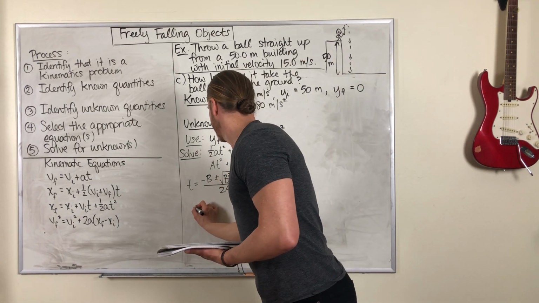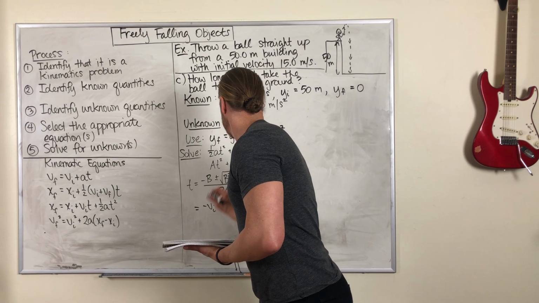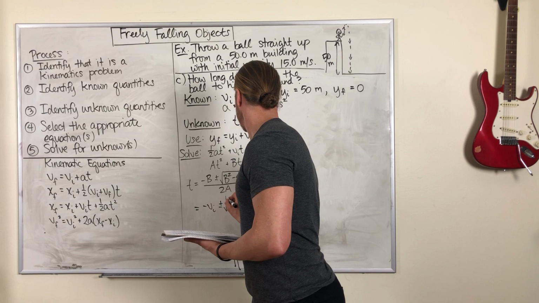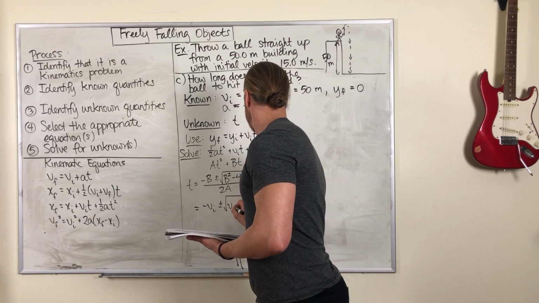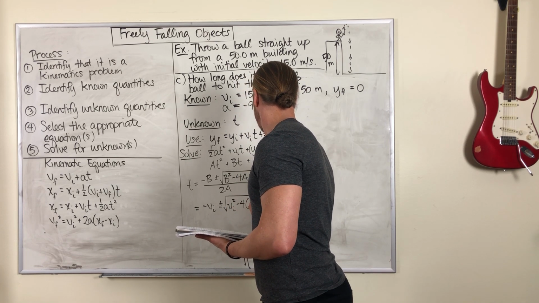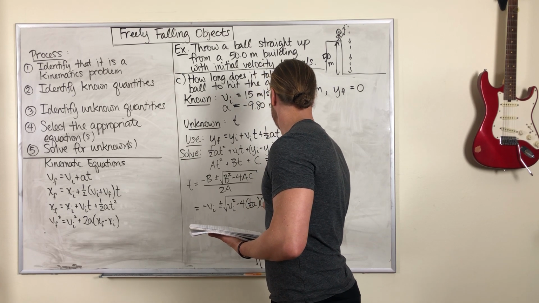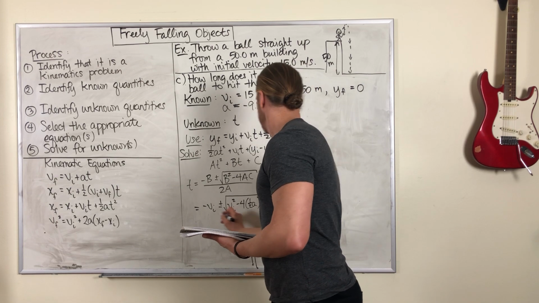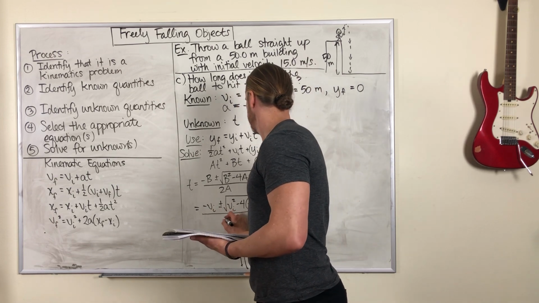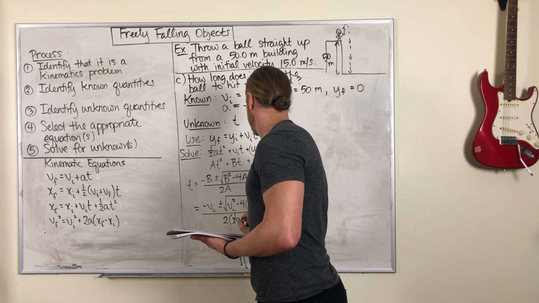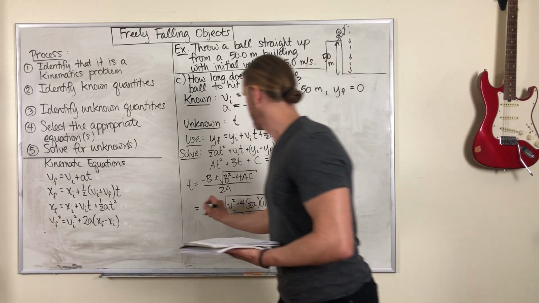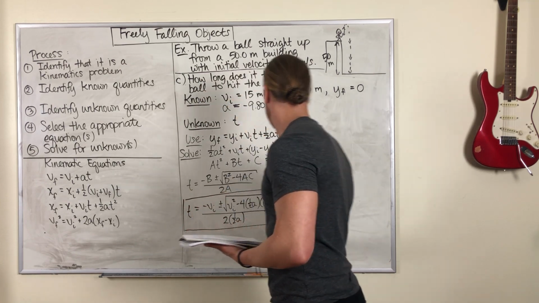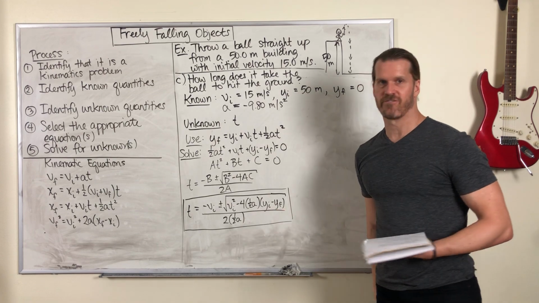So this really is negative v initial plus or minus the square root of v initial squared minus 4 times 1/2 little a times y initial minus y final, whole thing divided by 2 times 1/2 a. Now there is your general answer.